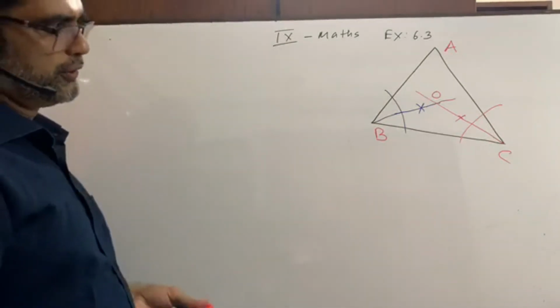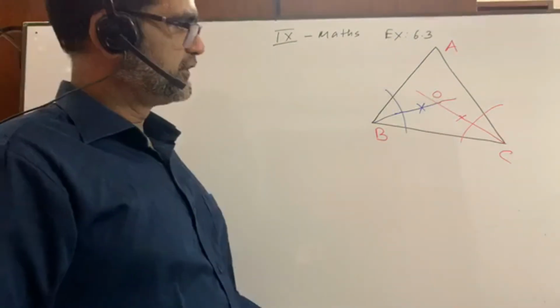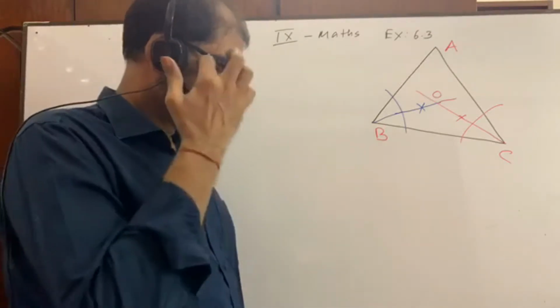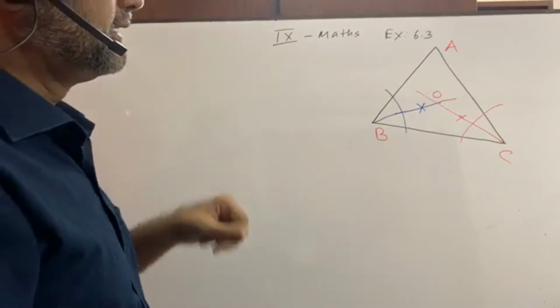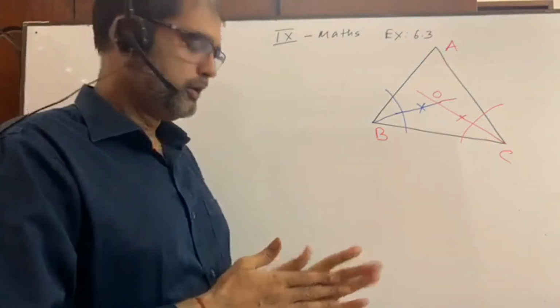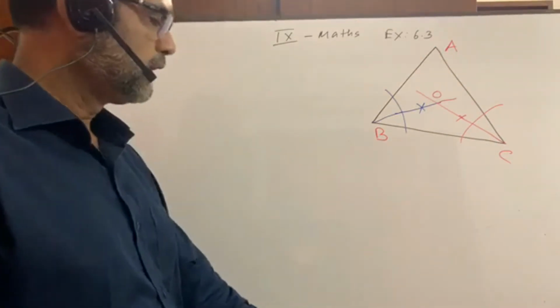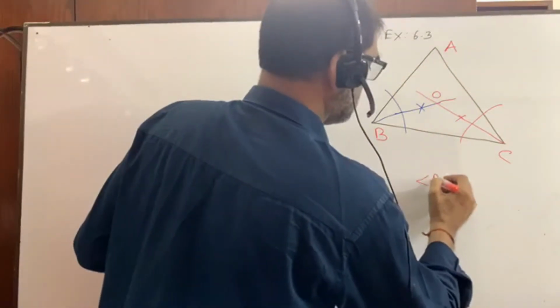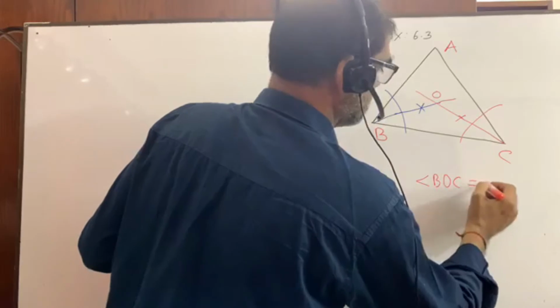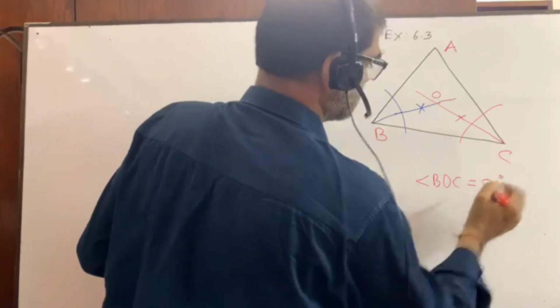What I am going to show you is the most important math: in a triangle ABC, the bisectors of angle B and angle C intersect at the point O, and we have to prove that angle BOC is equal to 90 degree plus half of angle A.